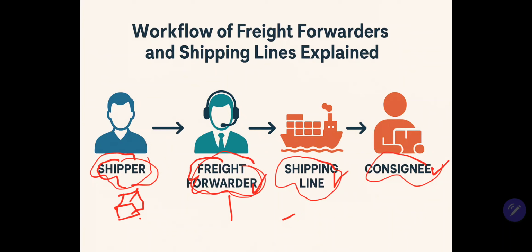Shipping line will move the goods after getting instruction from freight forwarder, and will move the shipper's goods from the origin port to the destination port.